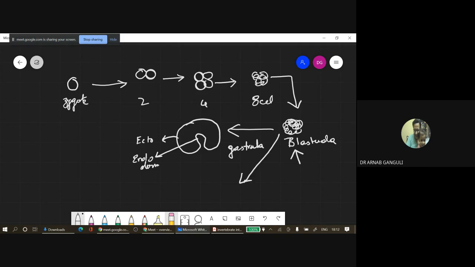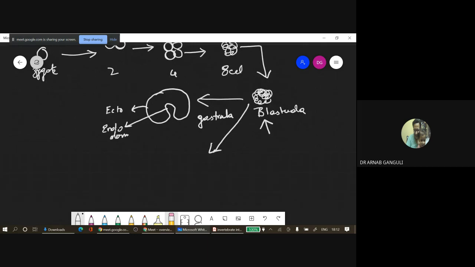The first case is when this is the blastopore, or the first hole which is formed.